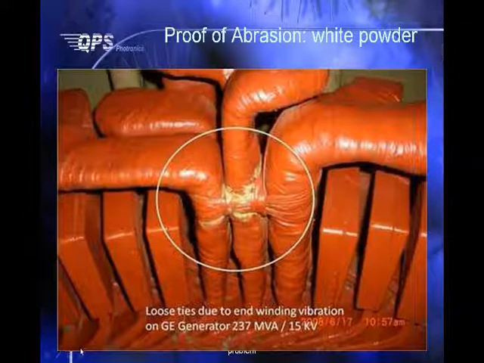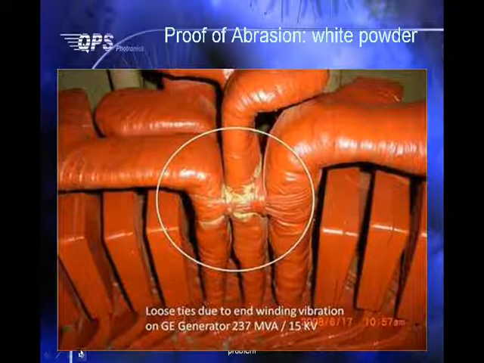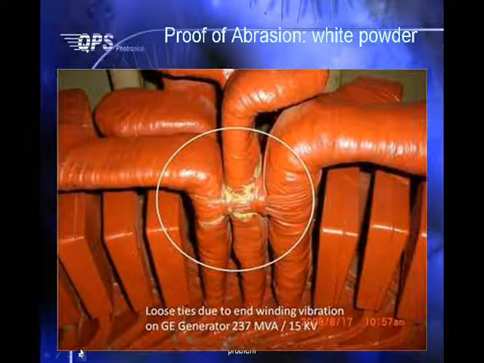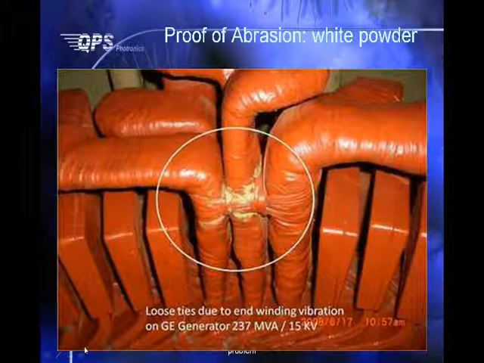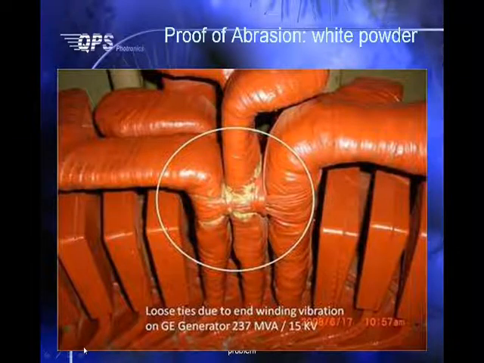Now, a further indication of rubbing is this white powder. In a hydrogen-cooled generator, inside the generator, the hydrogen is almost like a storm. It carries these particles, and they build up in places where the flow gets slightly obstructed.